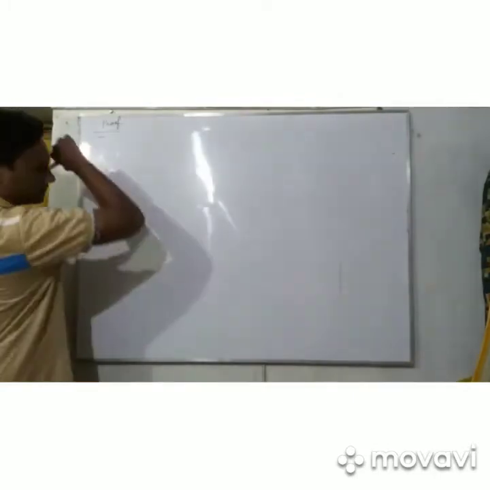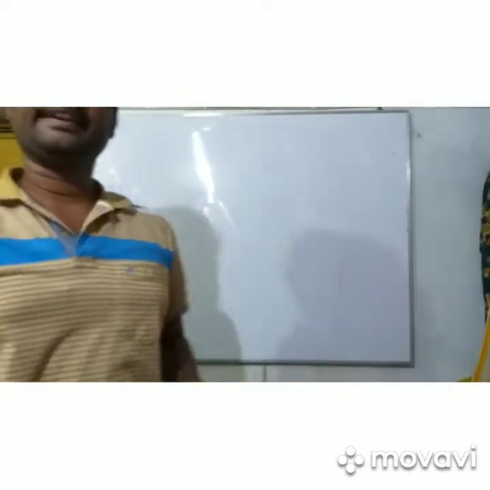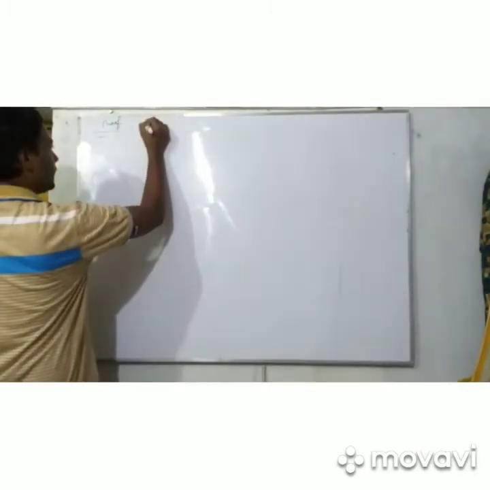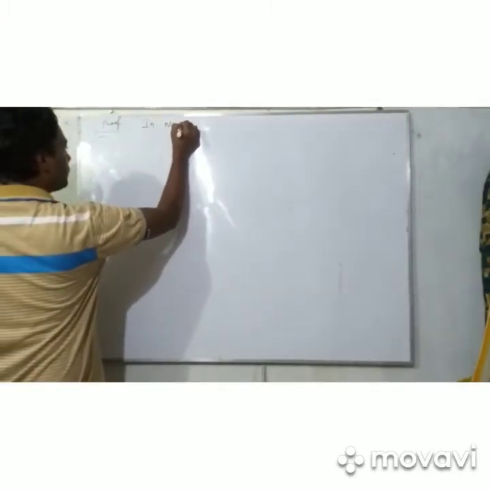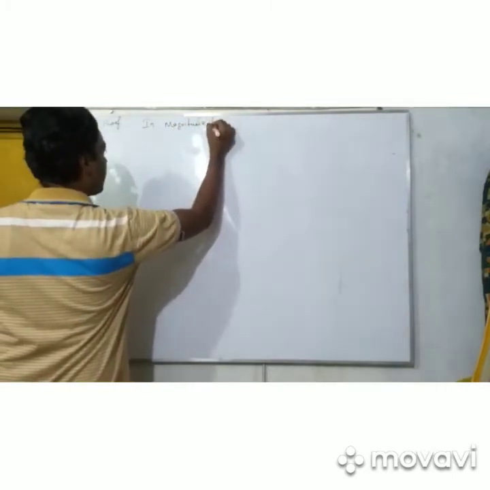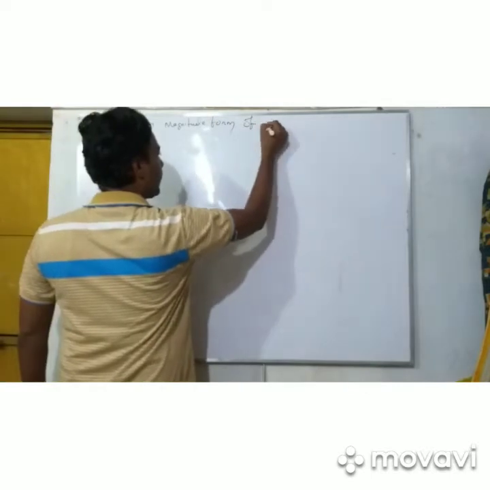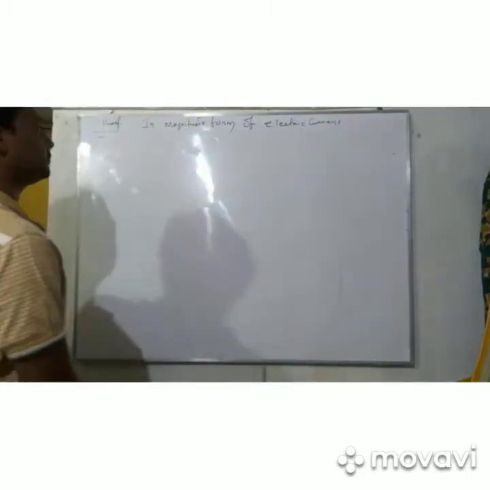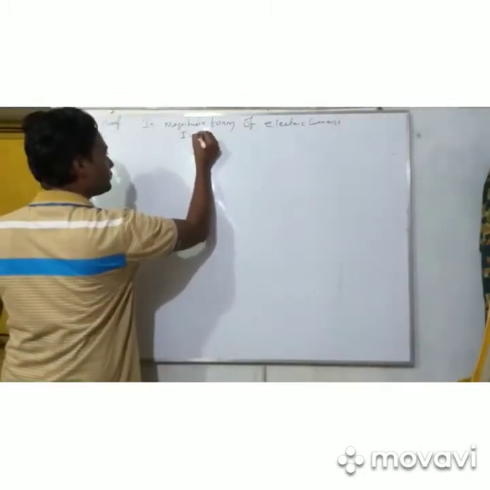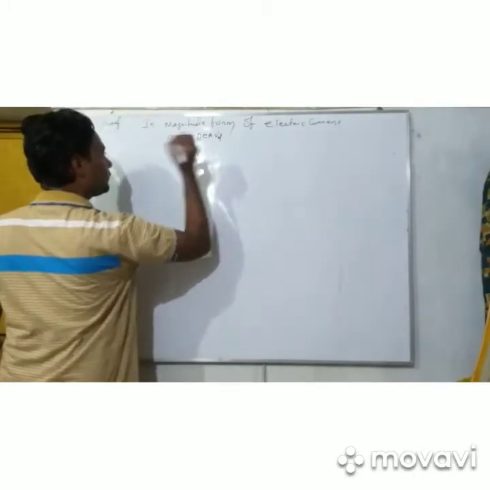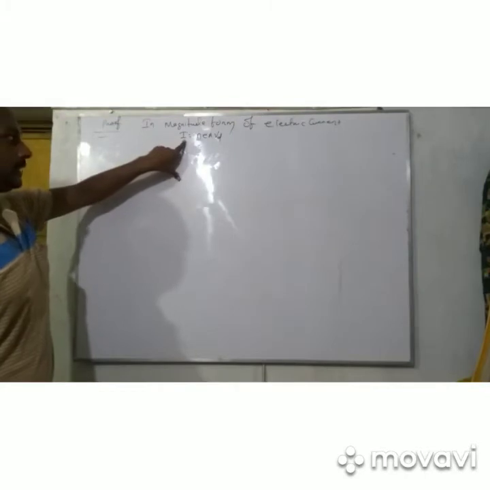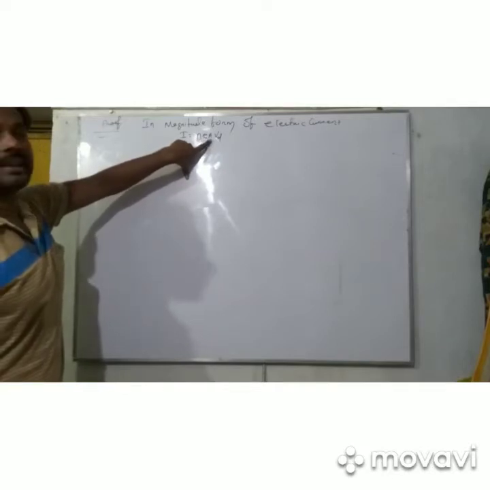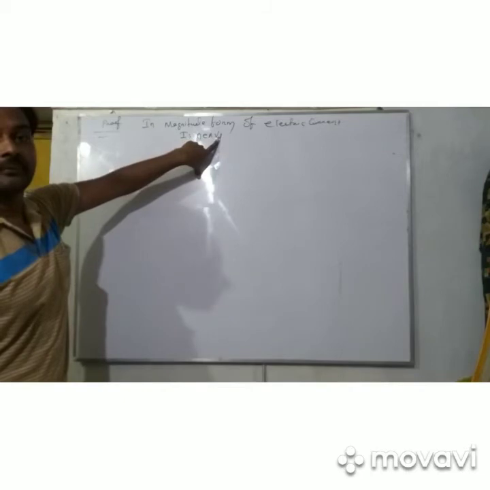We know the magnitude form of electric current versus drift velocity, which is given by I equal to neAVd. Here I means electric current, n means number of electrons per unit volume, e means charge of electron, A means area of the conductor, and Vd means drift velocity of free electrons.